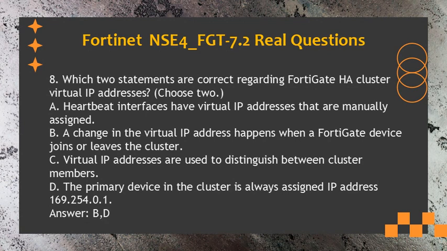C. Virtual IP addresses are used to distinguish between cluster members. D. The primary device in the cluster is always assigned IP address 169.254.0.1. Answer: B, D.